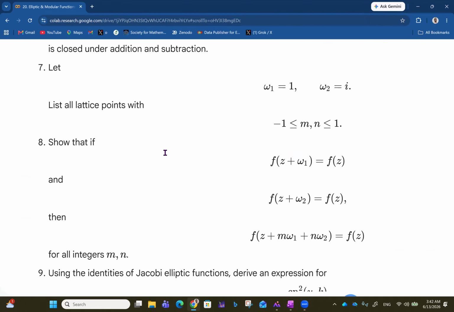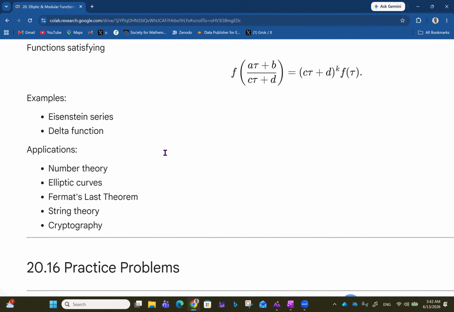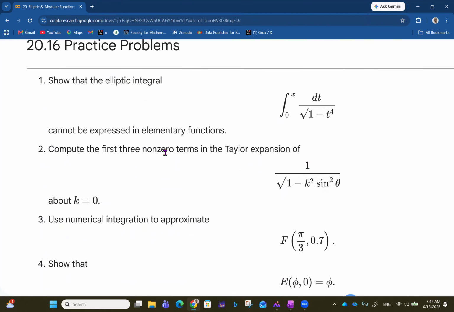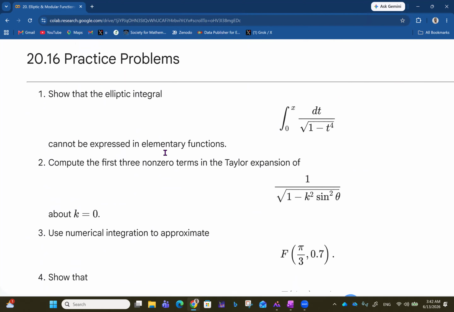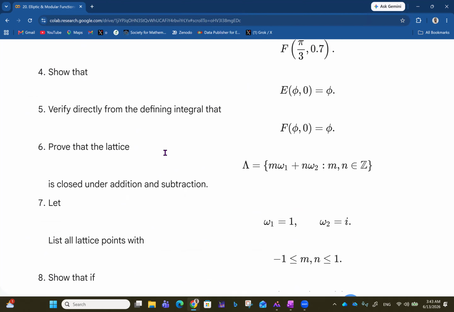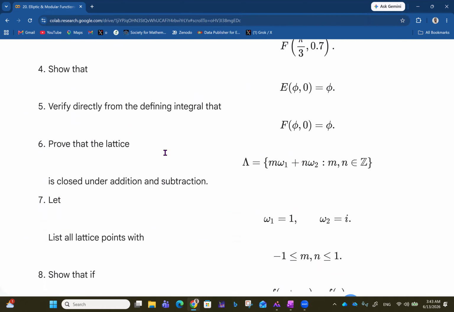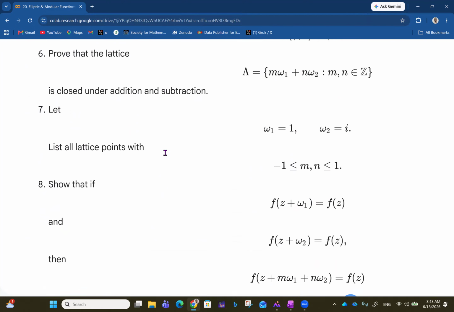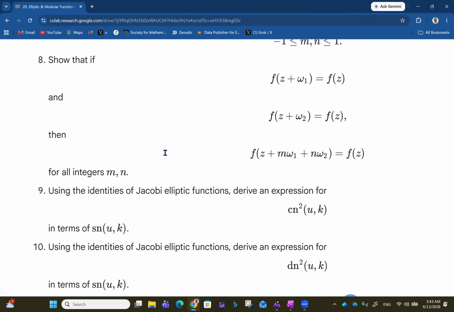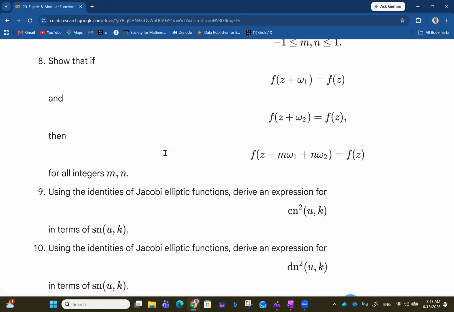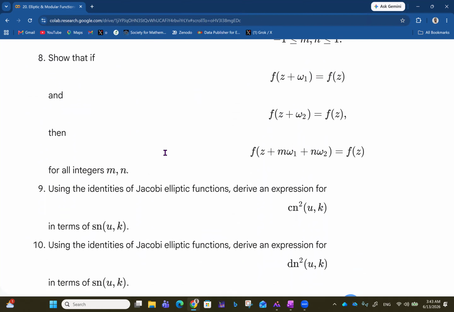So again, let's go back to the beginning. Talking about the practice problems, you can see 1 to 3 clearly here. Then you have 4 to 7 all showing here. Then I did 8 already. Then you can see 8, 9, 10 in this frame.